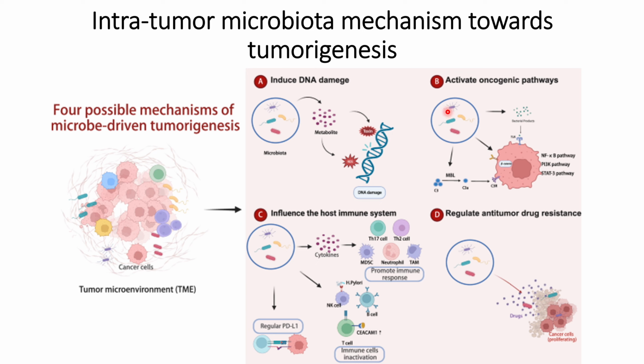The other way that people have speculated is activating oncogenic pathways. Oncogenic pathways are activated in the tumors not only because of the tumor microenvironment stress, mutations, change in the DNA replication rate within the tumor cells, or some of the epigenetic changes in the tumor cells, but it can also be contributed by the bacteria.